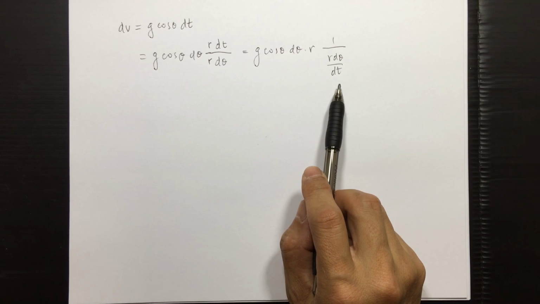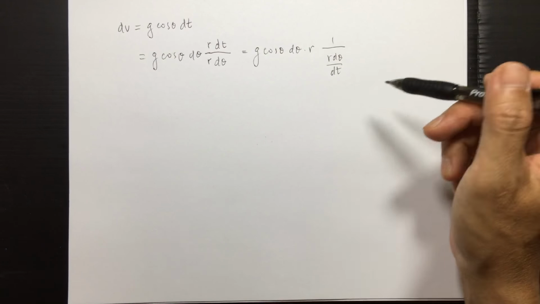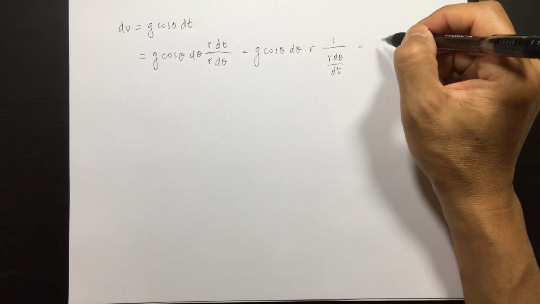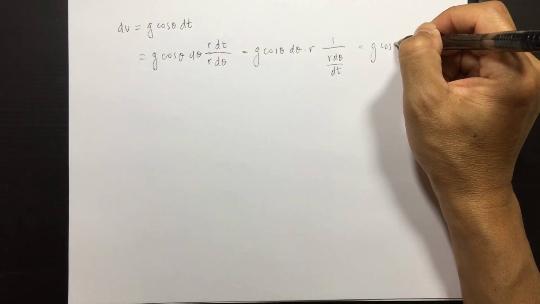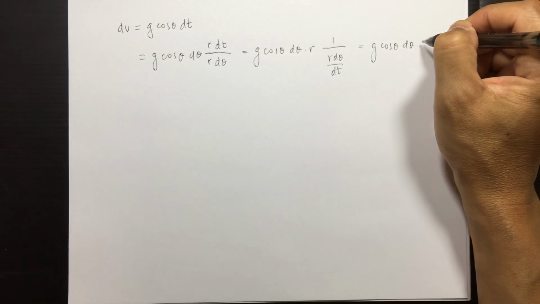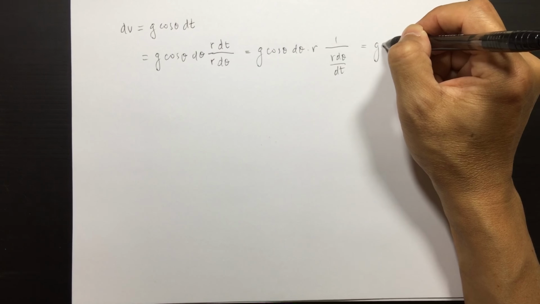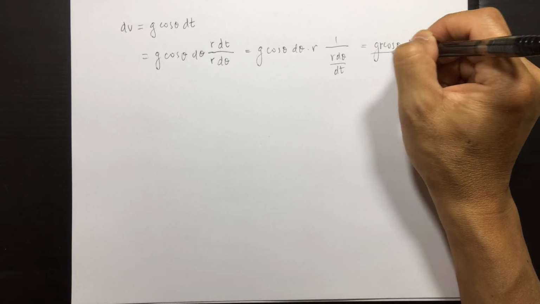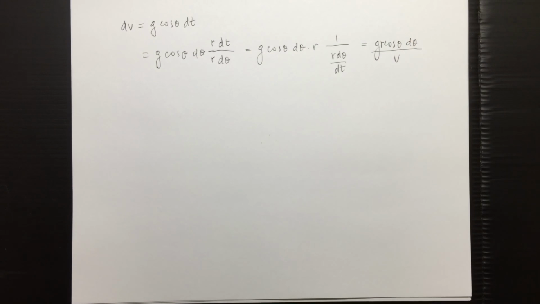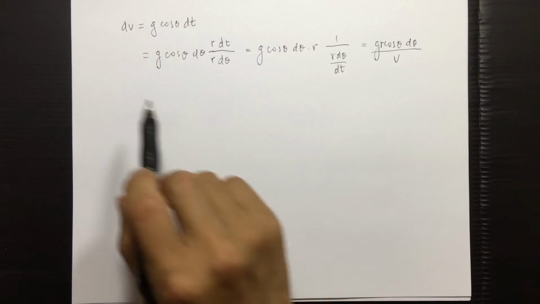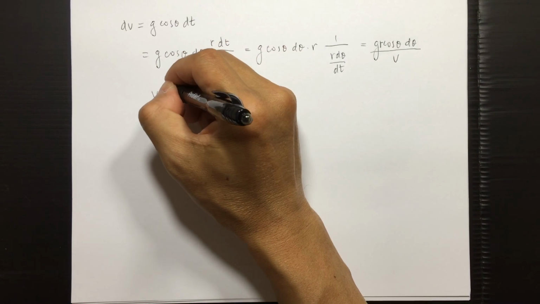So we change that into a v, g cosine theta d theta, r, we put r here, divided by v, right? Multiply v over v dv.